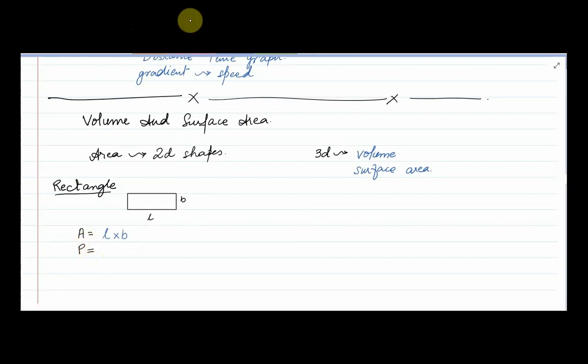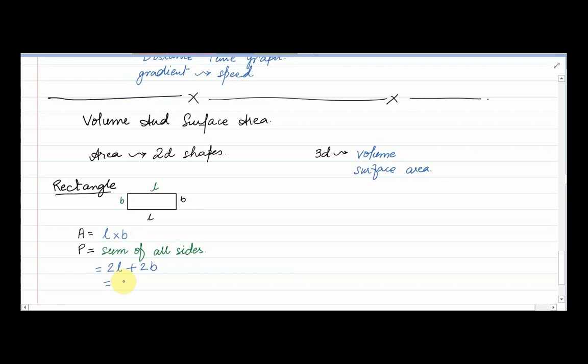Now in general we say that perimeter is the sum of all sides, right? Now if we apply this principle on the rectangle, if this length is L, it means this is also L. If this is B, this is also B. So we have a total of 2L plus 2B.